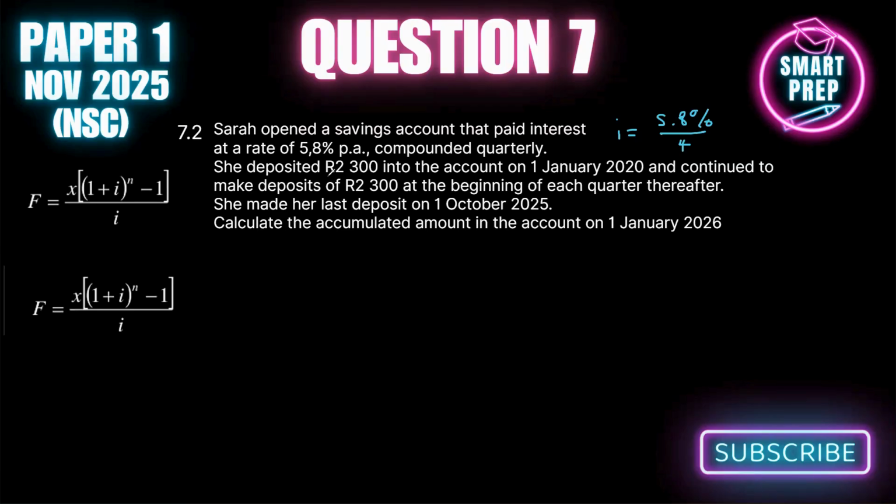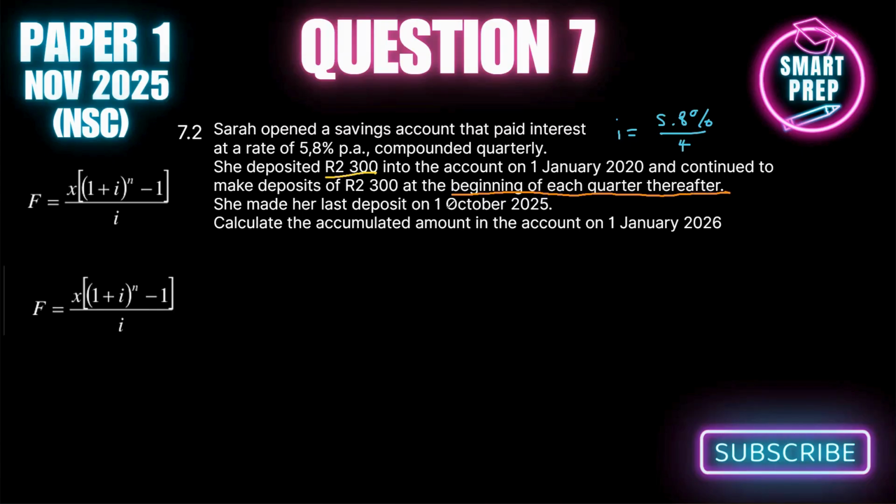The payments are 2,300, paid into the account on the 1st of January, and she continues to make payments at the beginning of each quarter. Very important, this beginning of each quarter. I'm going to explain now why that's so important.